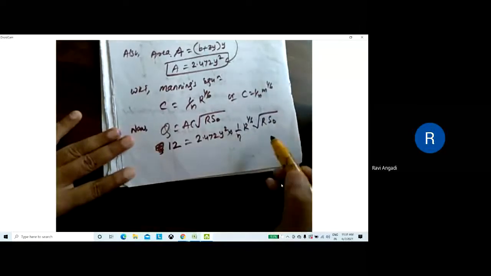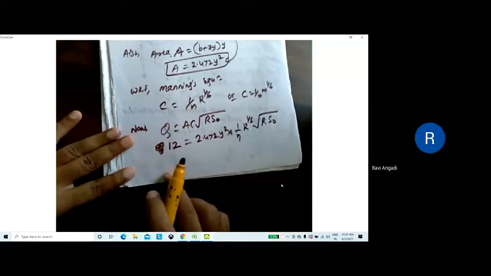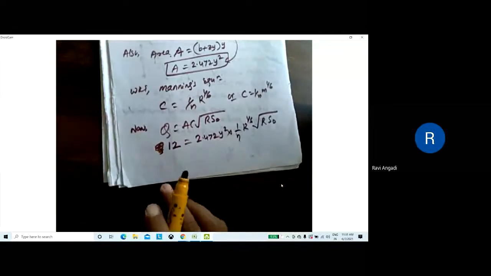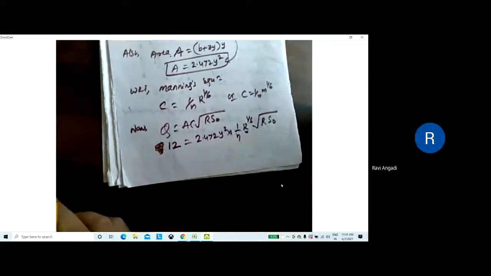So to simplify this, substitute the values here. You know the R from the most economical channel section. What is the value of R? What is the condition for the trapezium?